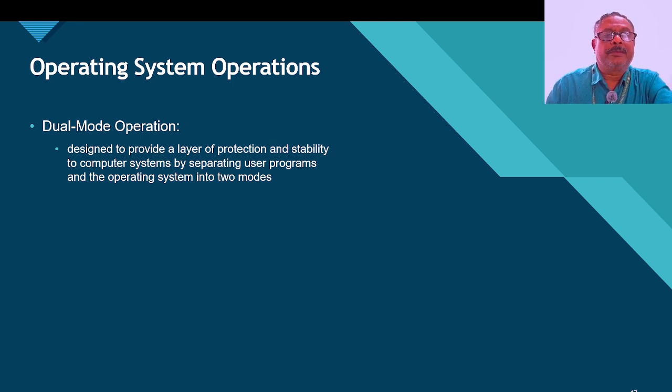User programs are written by the users who are not very specialized in writing code, may not be experts in writing code, so they may create some unstable code so that it may disturb the whole system.